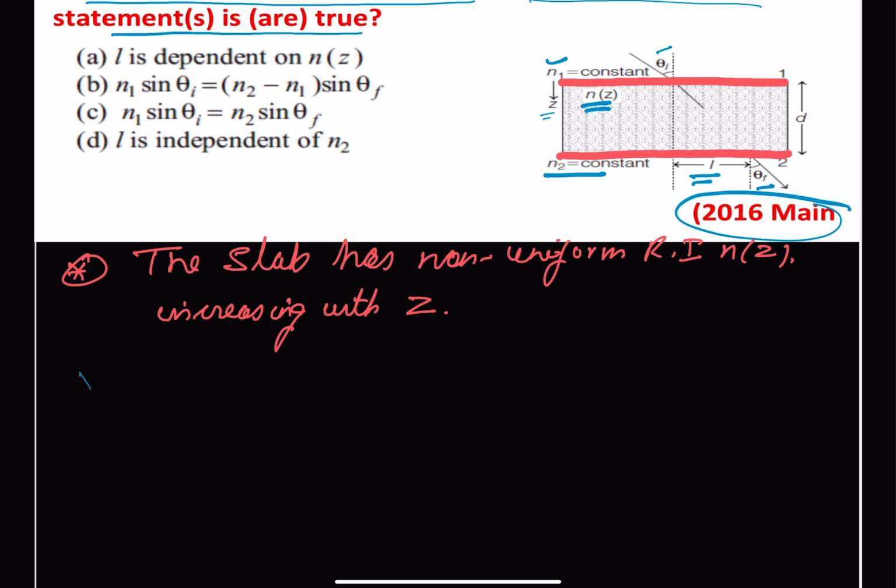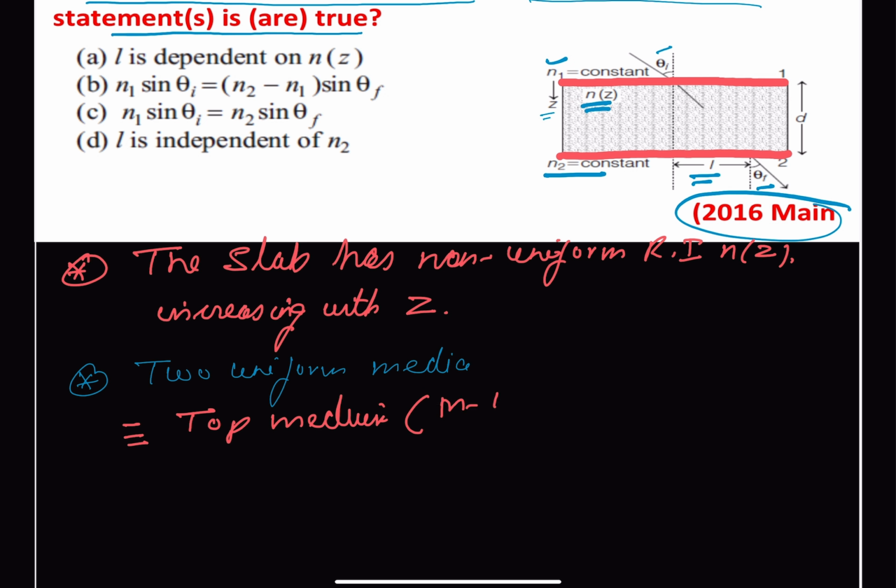Another thing that is given is that the slab is between two uniform media, which we can call the top medium and the bottom medium. The top medium we call medium 1, and its refractive index is given as n1.